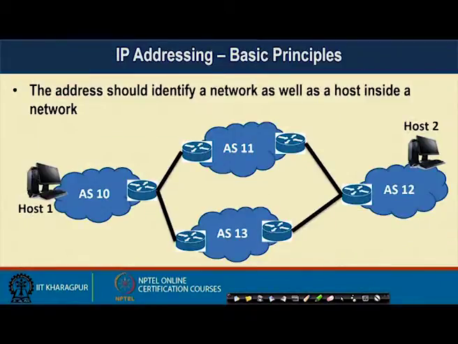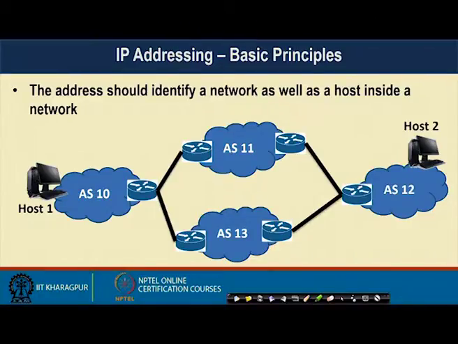That is called IP version 6, or IPv6 in short. We will first look into IPv4 in detail and then go to the details of IPv6. So, in IPv4, let us look at how addressing is done.